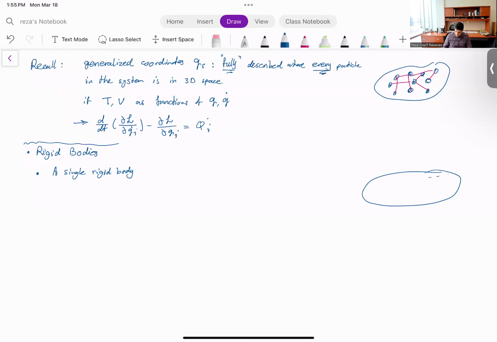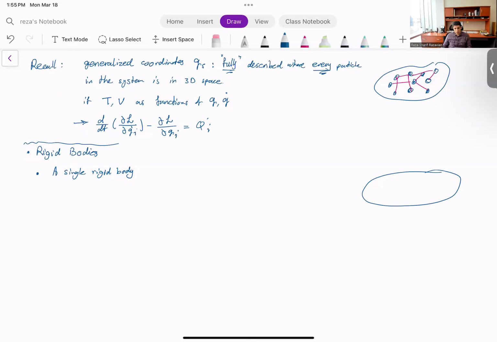It consists of infinite-ish particles within it. The only thing I need to do is find a set of variables that if I know those, I can know exactly where each of these little particles within the body is.